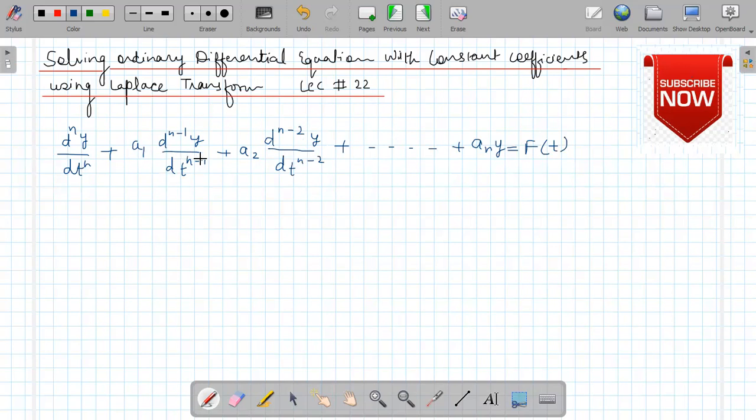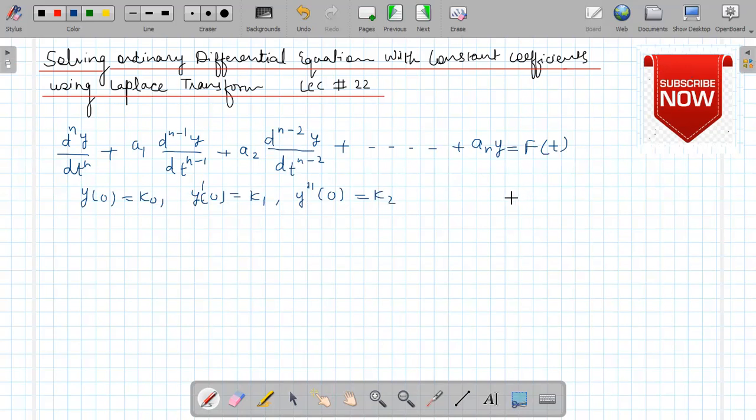Where a1, a2, an, all these are constants, and here we are given some initial conditions: y(0) is k0, y'(0) is k1, y double dash, the double derivative at 0, is k2.